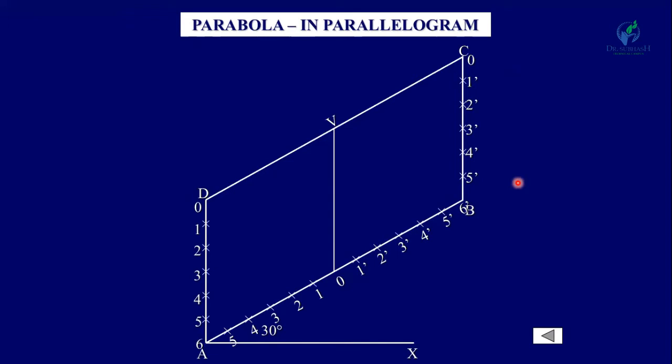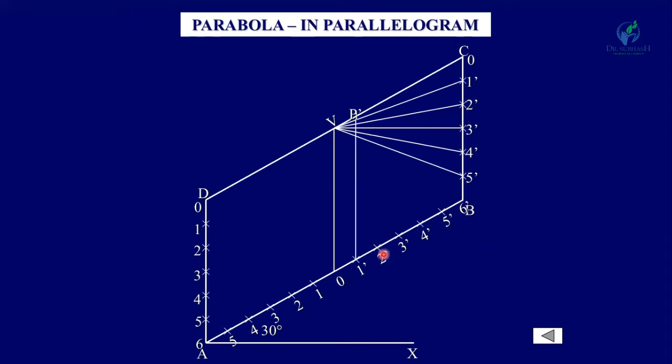Now join all these points on the vertical lines with V: V1 dash, V2 dash, V3 dash, V4 dash and V5 dash, and from 1 dash draw a vertical line and get the intersection point of V1 dash, which is P1 dash. Similarly, you will get the other points P2 dash, P3 dash, P4 dash, P5 dash and P6 dash. Now repeat this whole process on the other side.